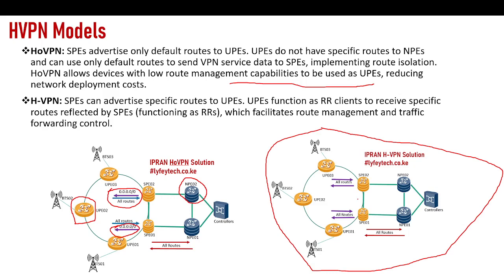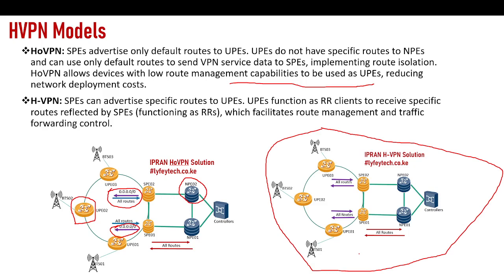So the UPEs will be functioning as RR clients to receive the specific routes reflected by the SPE. So we have the SPE acting as the RR, and then the UPEs are the RR clients that will have to handle the specific routes that are received from the SPEs. So this one helps to facilitate route management and traffic control.